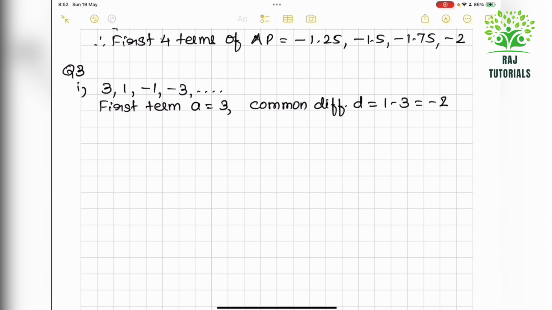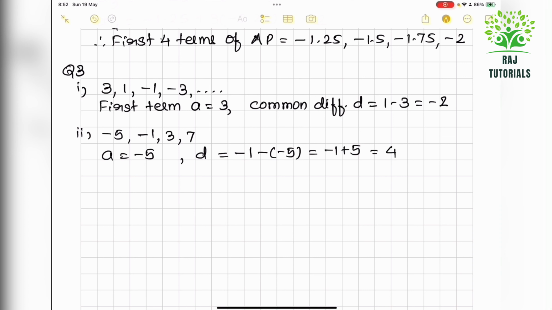Second is minus 5, minus 1, 3, 7. So, A equal to minus 5, D equal to minus 1 minus of minus 5. So, it will be minus 1 plus 5, so 4. Third one, 1 by 3, 5 by 3, 9 by 3, 13 by 3, and so on.